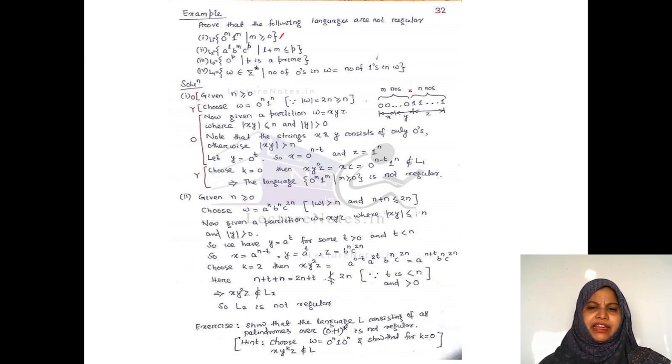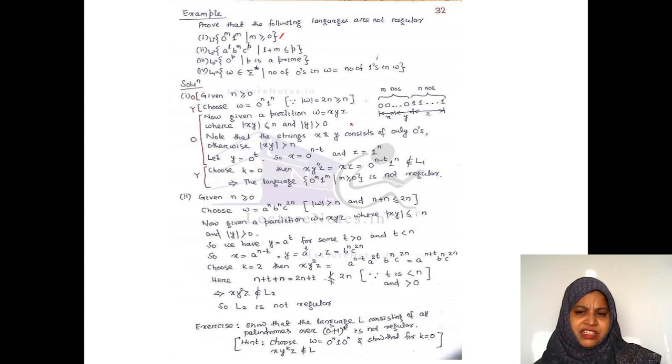For example, let y equal 0 power t, so x equals 0 power n minus t and z equals 1 power n. Here strings x and y consist of only zeros, otherwise |xy| is greater than n.